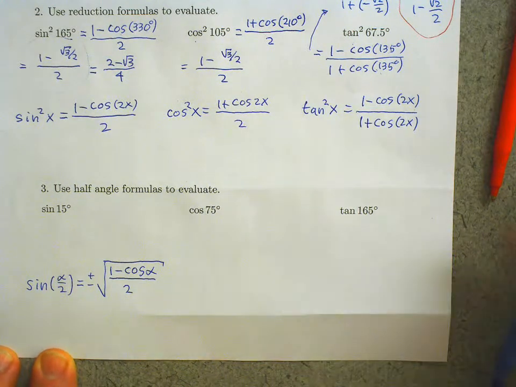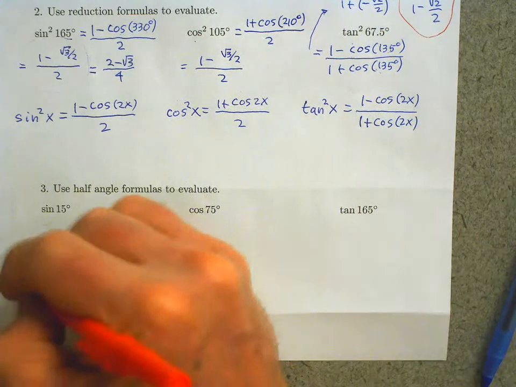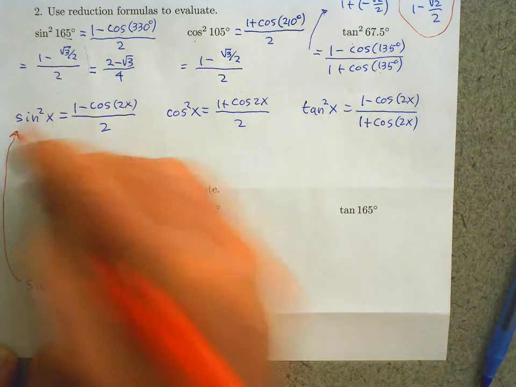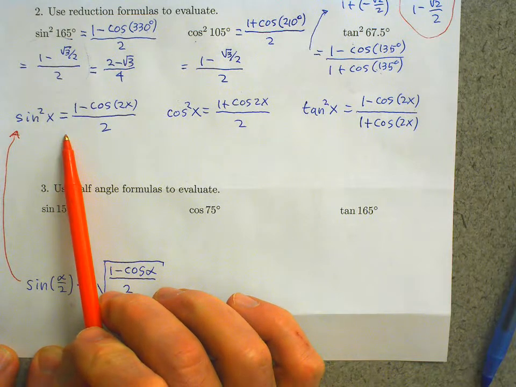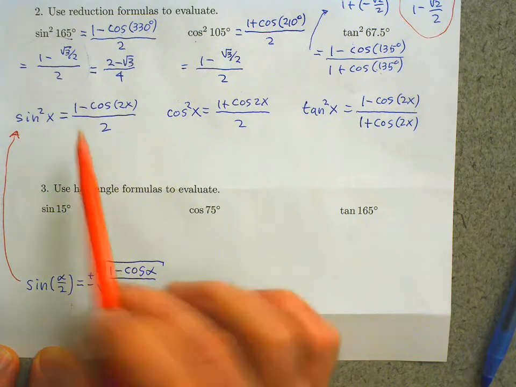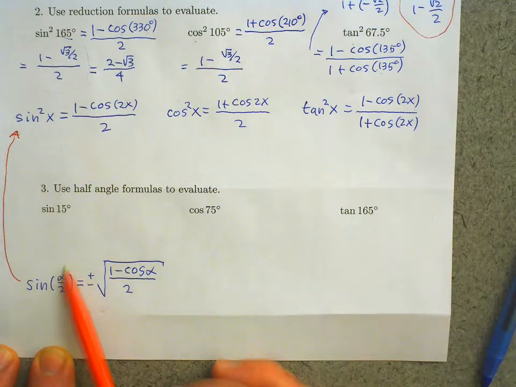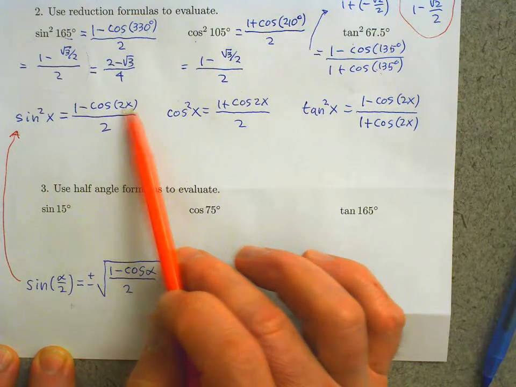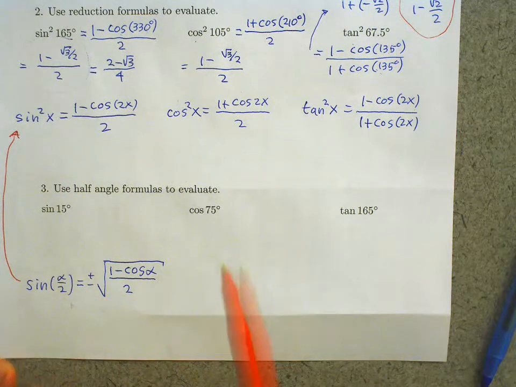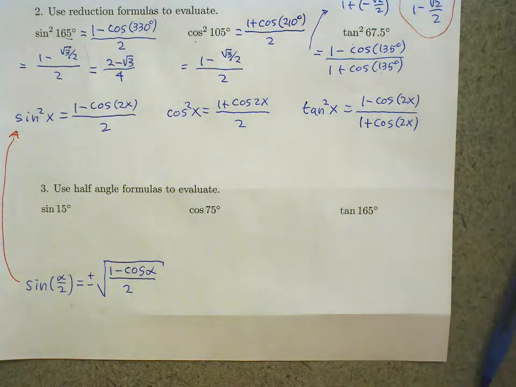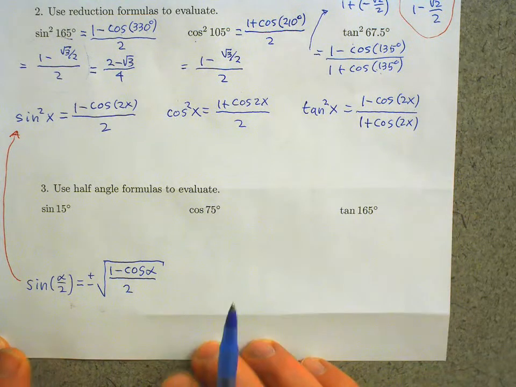You can see that this half angle formula is derived from this reduction formula. If we just replace x with alpha over 2, then 2x becomes alpha. And then when you take the square root of both sides, you get positive and negative.